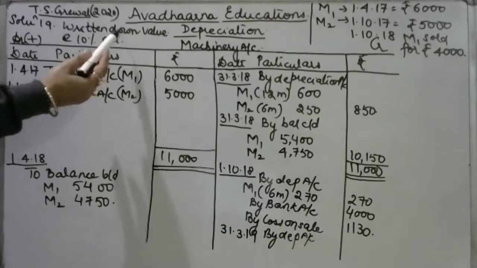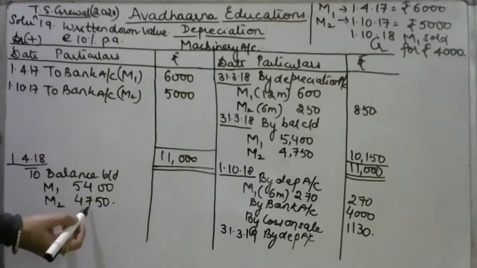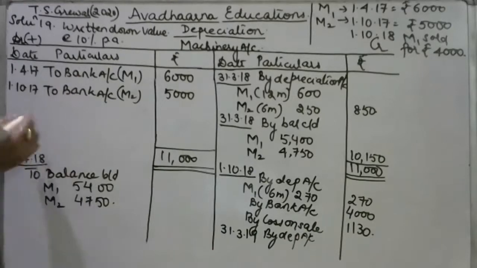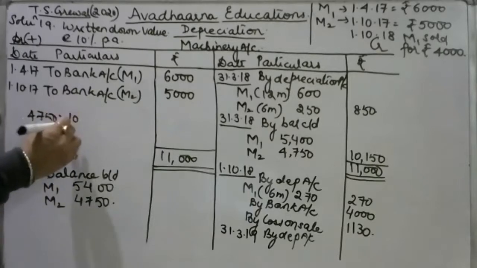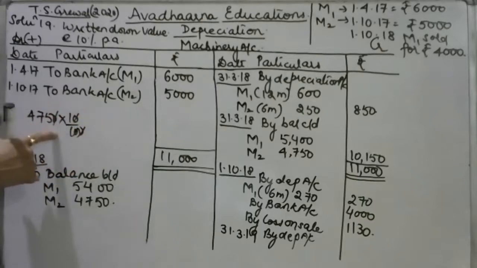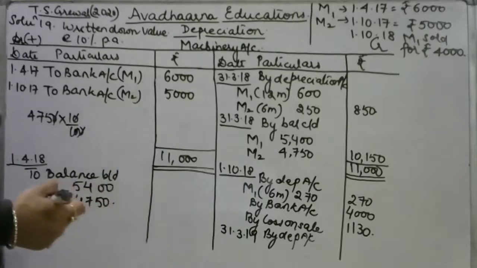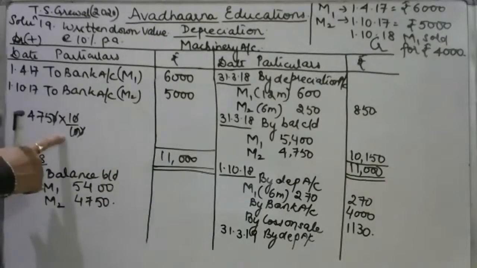Written down value method है बेटा, तो मैं depreciation full year की at the rate of 10% 4,750 पे अगर चार्ज करूंगी, so कितनी अमाउंट आ जाएगी. 4,750 पे full year की depreciation at the rate of 10% will be 475. So I'm going to charge depreciation on M2 for 12 months.